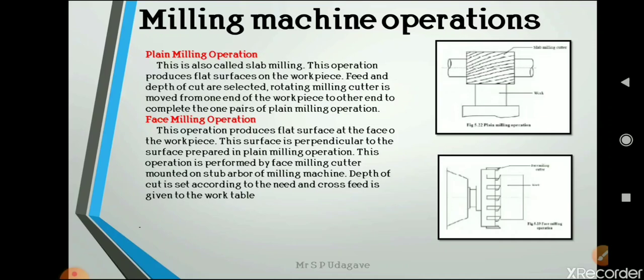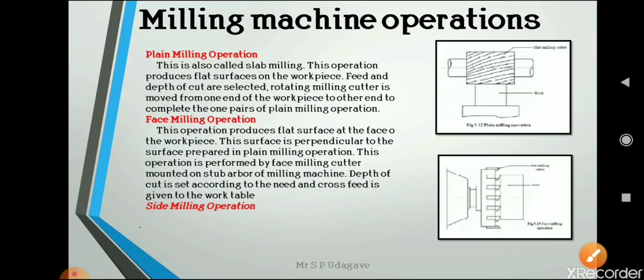The depth of cut is set according to the need, and the cross feed is given to the work table. So you can see the surface that is perpendicular to the plane milling surface, and we can mill the face with the help of the face milling cutter in the face milling operation.